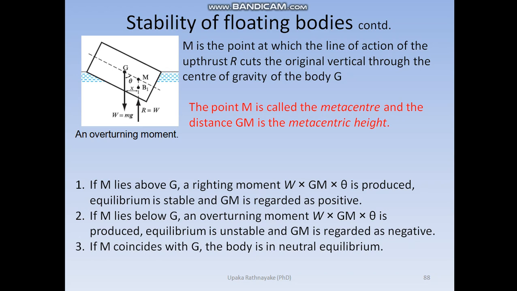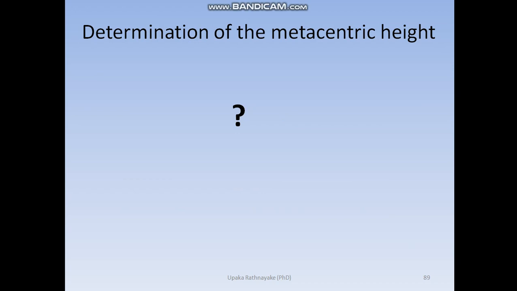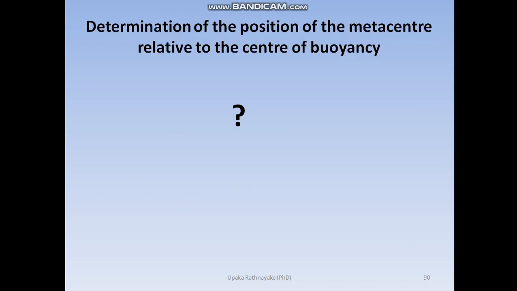Now, what is metacentric height? GM is the distance between the center of gravity and the metacenter, which is called the metacentric height. How do we find this distance? Please try to solve the geometry and obtain BM, the distance between the center of buoyancy and the metacenter, which is equal to the second moment of area divided by the volume.